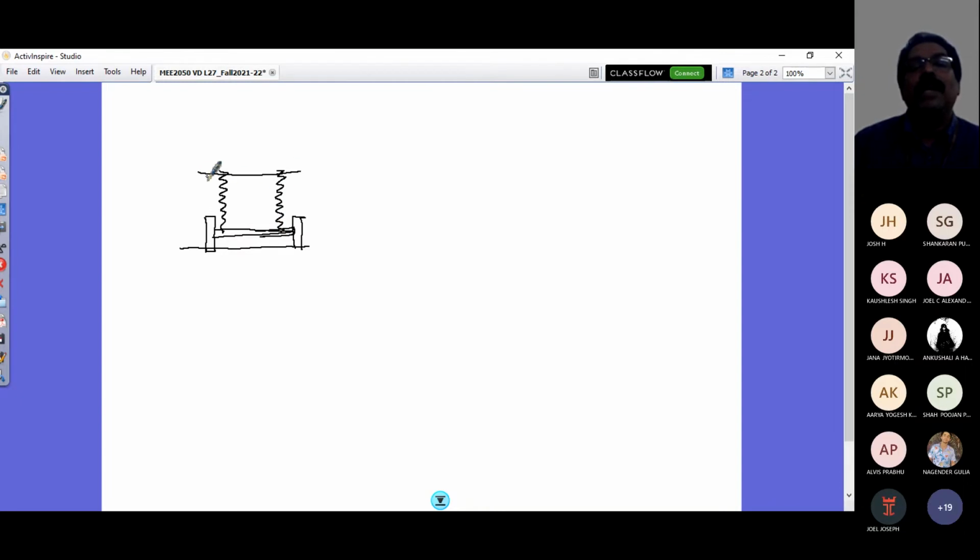I'm exaggerating this diagram. I'm having my vehicle in this way, and this is the CG of my vehicle, right? So how has this vehicle been taken? I have my vehicle considered, for the time being, as a van type of vehicle.